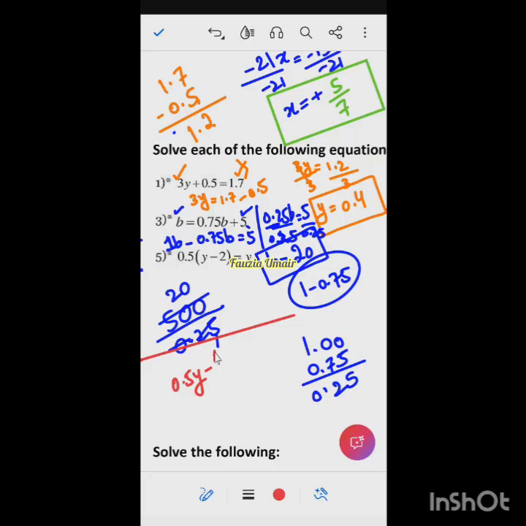It is 1, right? 0.5 is half. So half multiplied by 2 is 1. Is it making sense?